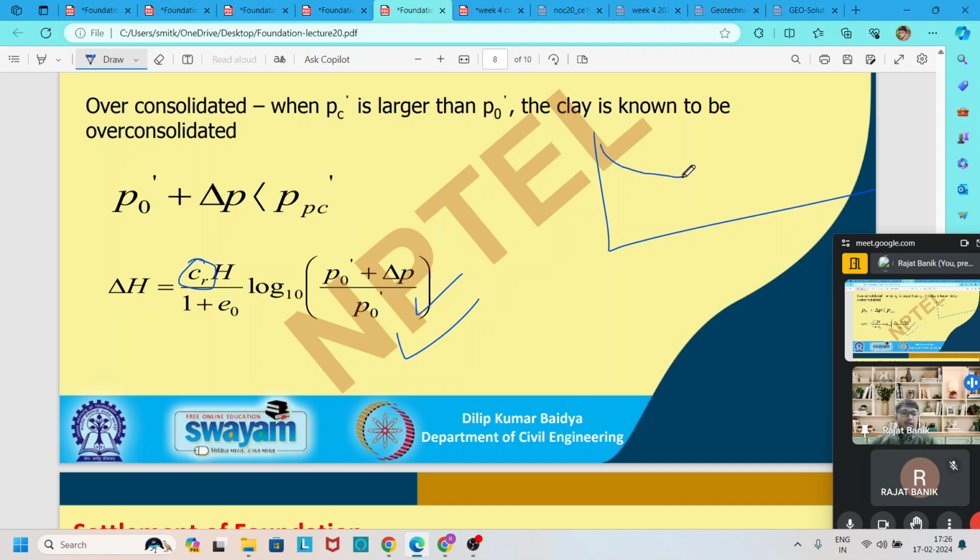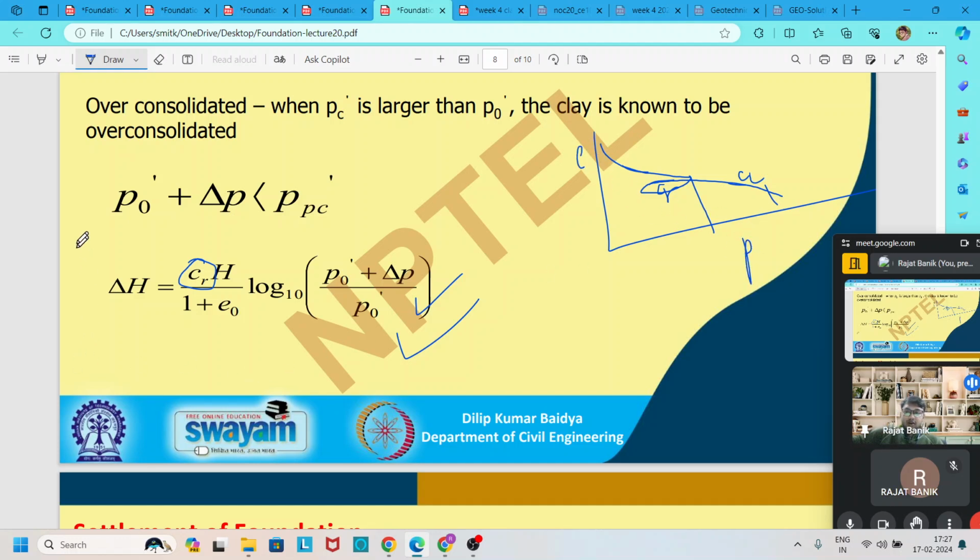The curve becomes like this after removing the pressure. It comes back, regaining its size somewhat. After again applying the pressure, the curve is like this. So this is called Cc, and this coefficient is called Cr, recompression index.